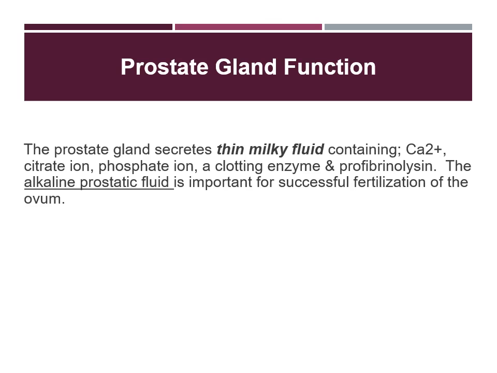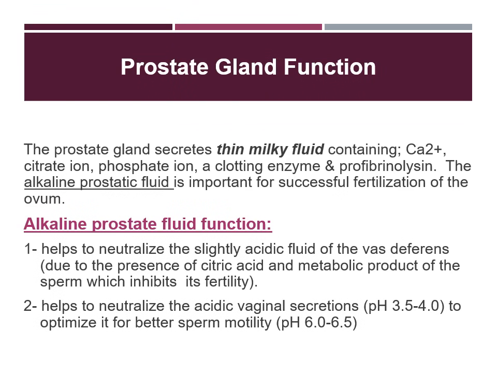The alkaline fluid is important to neutralize the acidic fluid that comes from the vas deferens. And as we know, acidic media is bad for the life of the sperm, so it reduces the life expectancy of the sperms and inhibits fertility. Second, it neutralizes the acidic vaginal secretions in the female reproductive system, which is also a bad environment for the sperm.